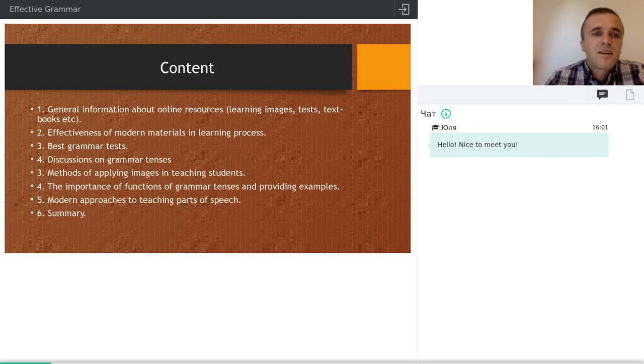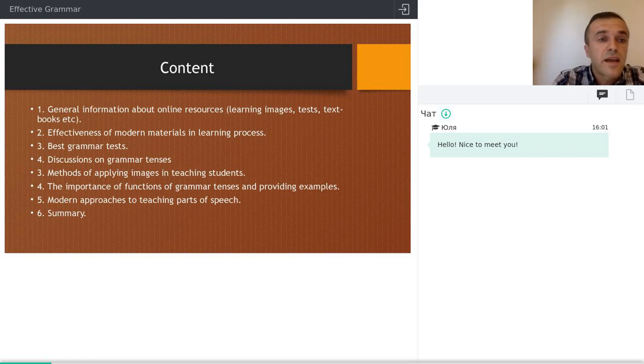They don't like to be taught by the book, and I really prefer learning images where the information is brief, with some pictures, with some examples, really colorful pictures, and they are really useful for visuals, and you can memorize these materials in an easy way.